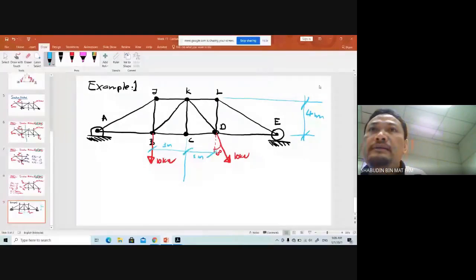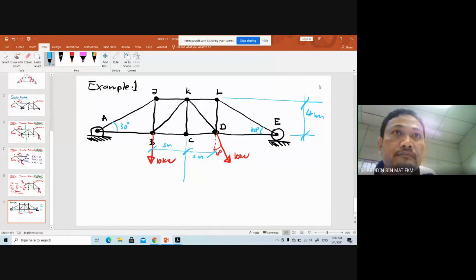The angle here is 30 degrees. The angle here is also 30 degrees. Okay, you are not given the distance there to there.